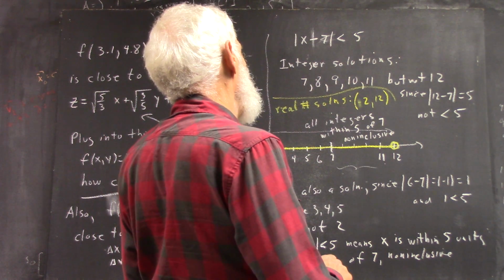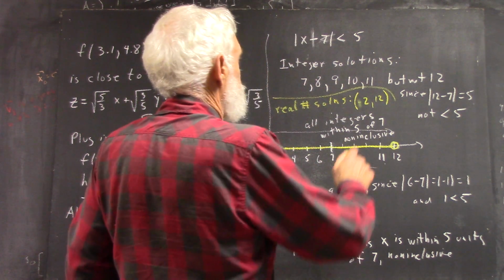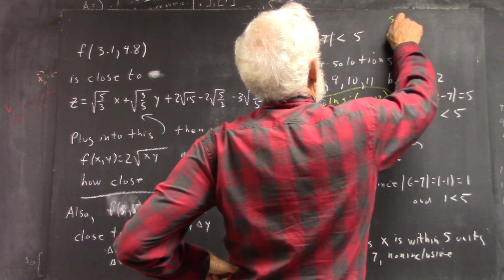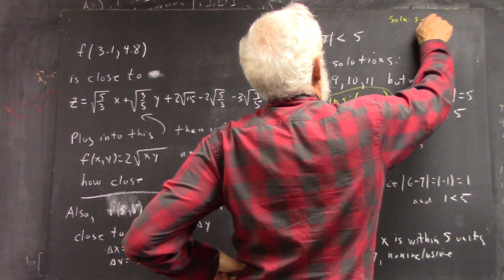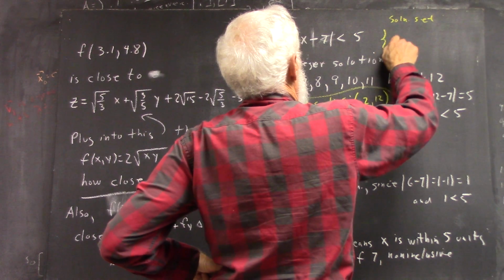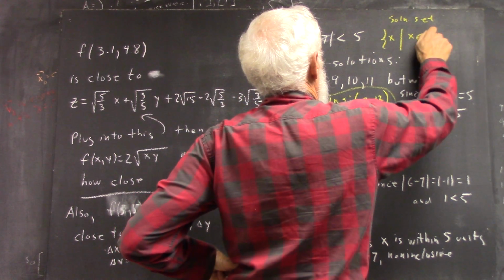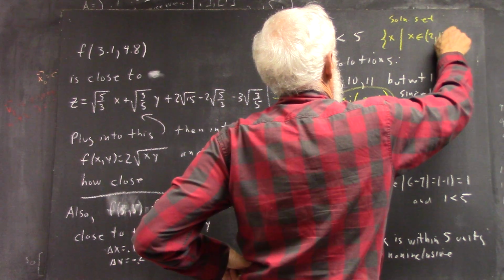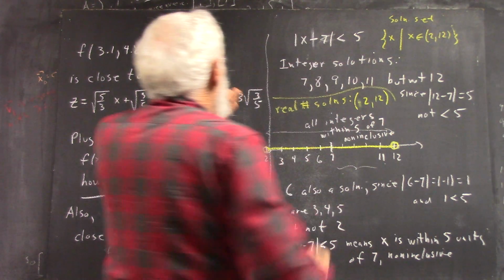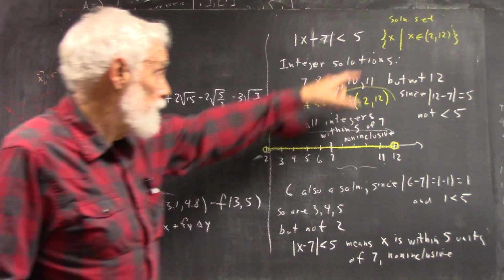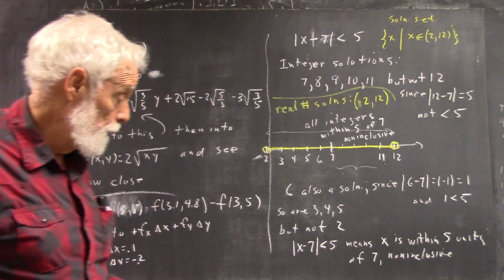And we would actually write that out officially as the set of x such that x is in the interval from 2 to 12, and that's something you want to ponder a little bit and get used to.